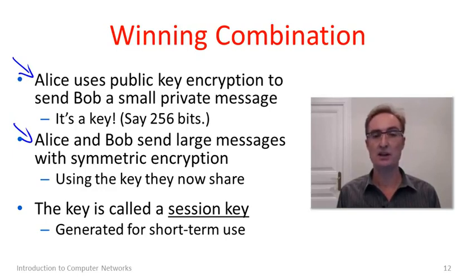So this combination, this technique is used very frequently in practice, and this key which they generate just to use, the symmetric key, is called a session key. So a session key is typically generated and used over the short term just for a particular session. And the next time you want to do it again, you generate a fresh session key.